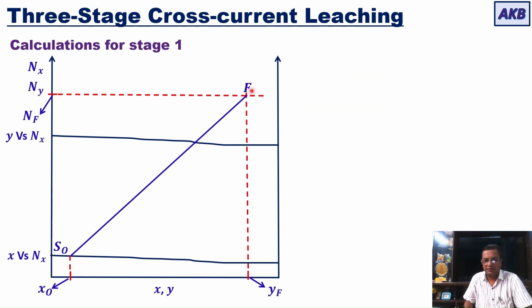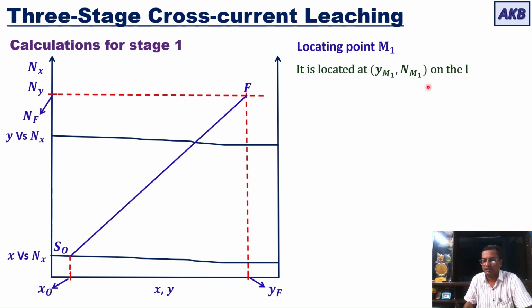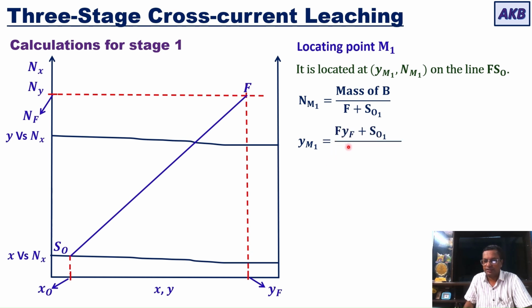Okay, so after drawing the line F S0, the next task is to locate point M1. Point M1 will be located at YM1, NM1, and first we need to find out these values. NM1 you can find out by this equation: mass of B divided by F plus S0_1. And YM1 you can calculate by using this equation: F YF plus S0_1 into X0 divided by F plus S0_1.